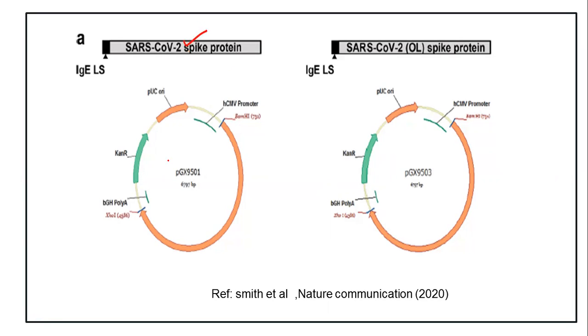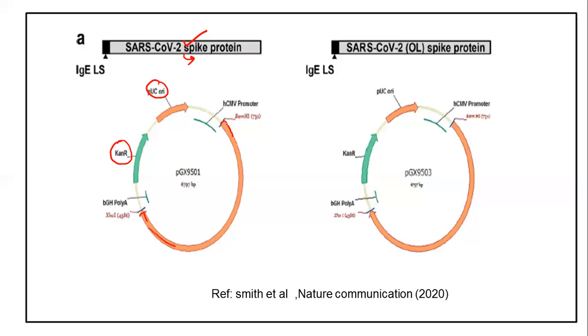And what is engineered? We all know that a plasmid must have a minimum construct: an origin of replication site, an antibiotic resistance site, and a multiple cloning site, right? Here you can see the insert, which is actually taken from the spike protein gene, right?